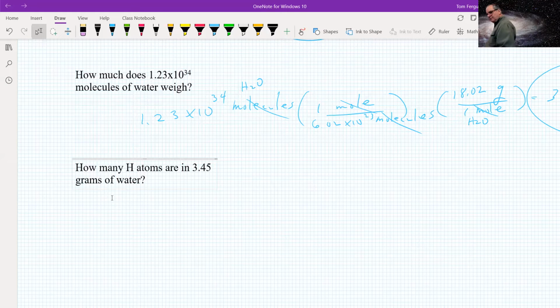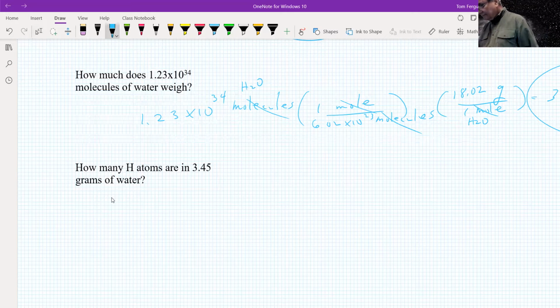All right, how many atoms are in 3.45 grams of water? So we've got, let's do one water, molecular water. Okay, that's perfect. What's next?